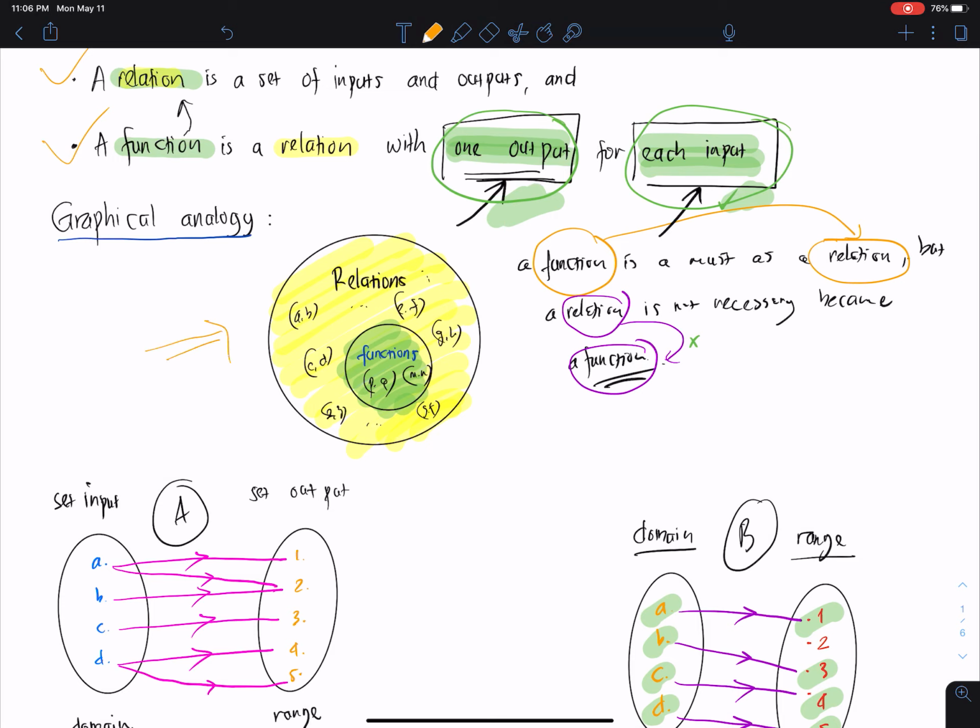So a function is just a small part of relations, because relation is the bigger thing, but a function you can call a special type of relation.